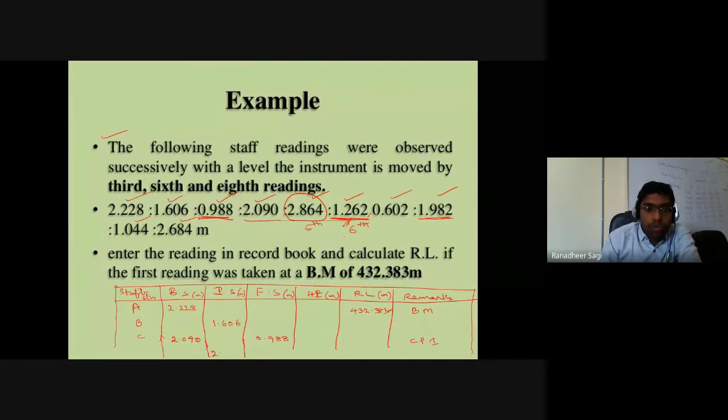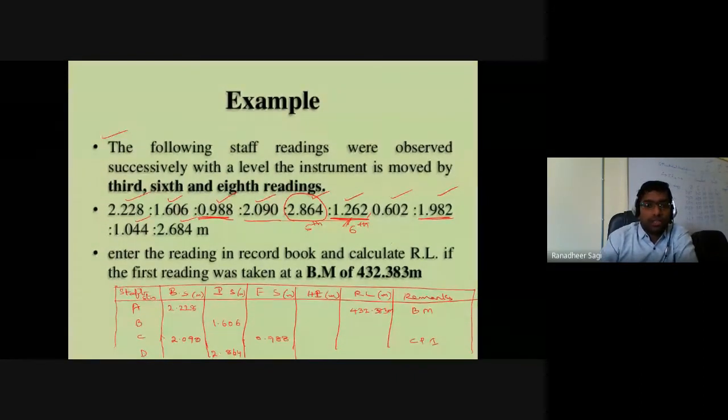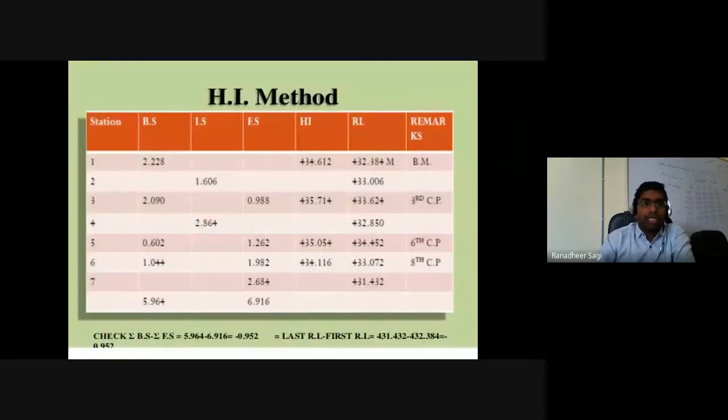So 2.864 meters, which is taken at some other new point, that is point B, is listed under your intermediate side. Likewise, the other respective data are also to be indicated, and you will get the data in a table like this.